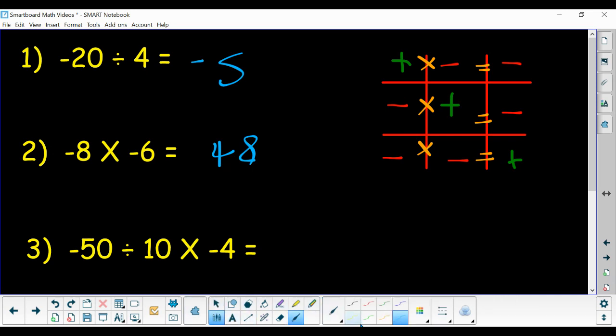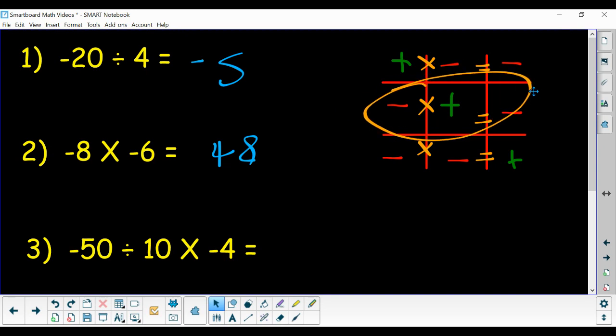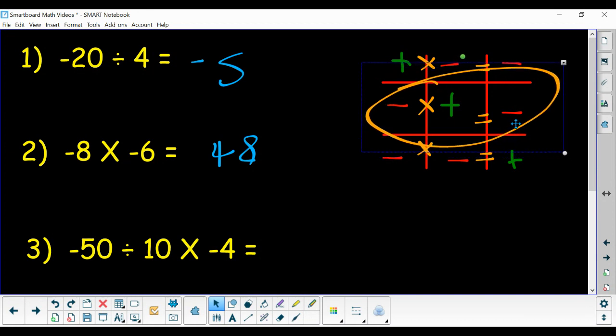So first, we're going to focus on seeing where we have a negative followed by a positive. Negative multiplied by positive gives me a negative answer. So it doesn't mean my answer here is going to be negative.